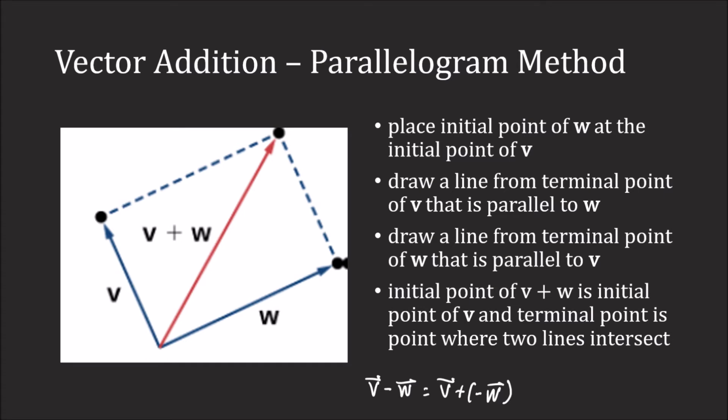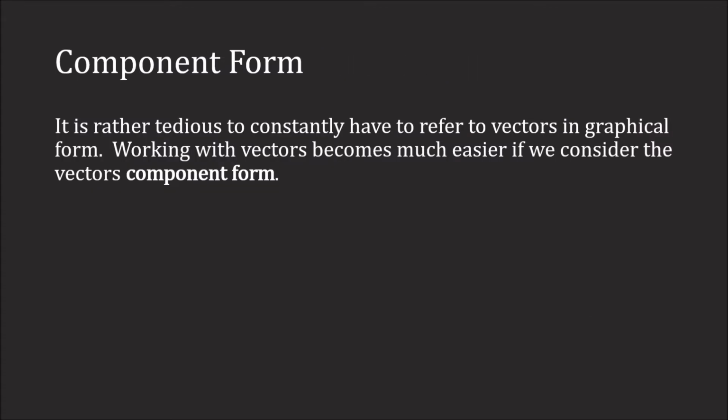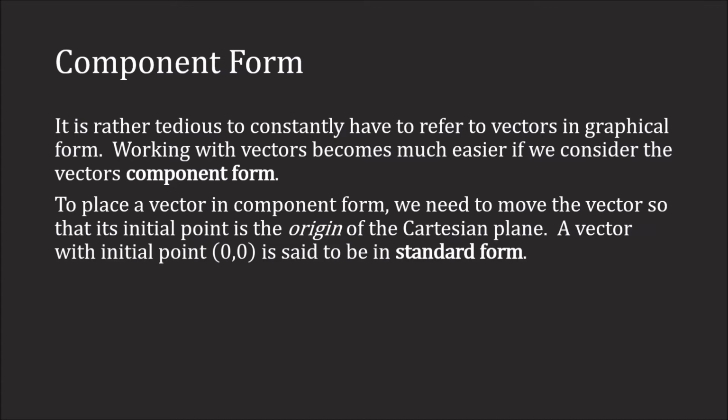Now, working with vectors this way is rather tedious. It becomes much easier if we consider the vector's component form. So to place a vector in component form, we first need to move the vector so that its initial point is the origin of the Cartesian plane.